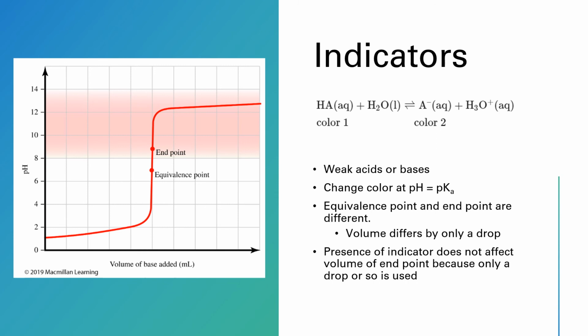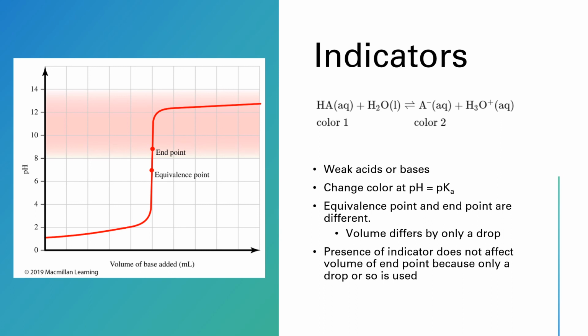And it appears to be a really big difference if you look at the pH scale, which is the vertical axis. But if you look at the horizontal scale, which is the volume of base added, those two values for the volume at the equivalence point and the volume at the endpoint are so close to one another. It's a fraction of a drop typically.